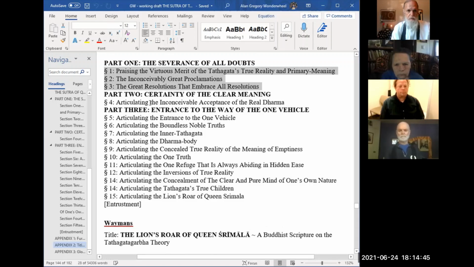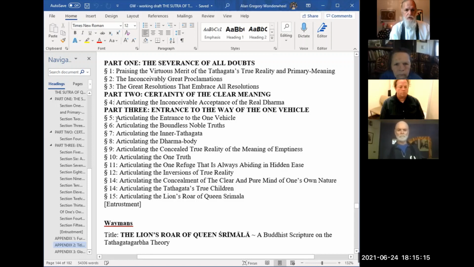And then section 4 begins where each section starts with the word articulating, indicating it's what we would call expounding, explication, explaining, clarifying each section. Those are all, of course, synonyms for the word articulate. So that's why I have articulating as its own section in part 2.